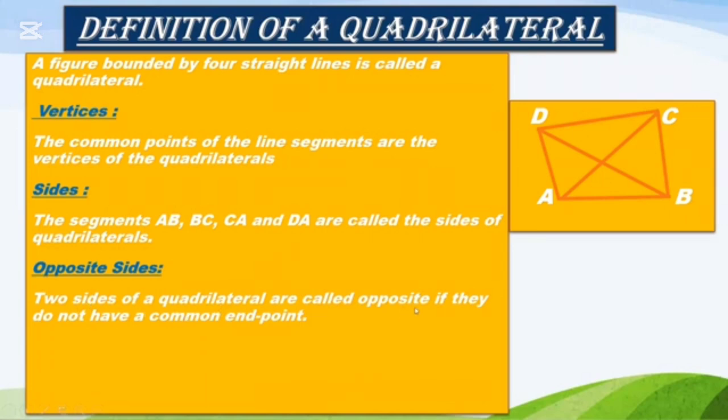So two sides of quadrilateral are called opposite if they do not have a common endpoint. When they don't have any common endpoint between them, they are called opposite sides.